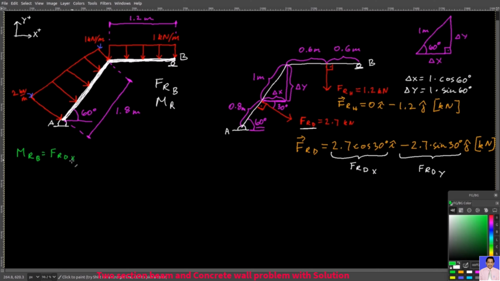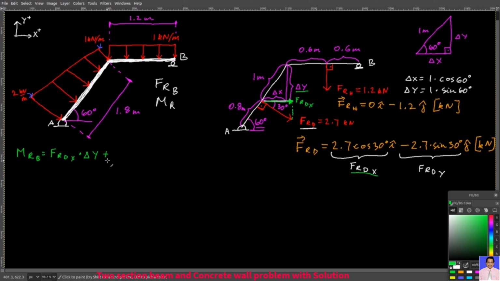You have FRDX, which is this component here. So we can draw it here as well. That's your FRDX. And you multiply that by delta y, by this one, because that's your moment arm between FRDX and point B. And it will give you a counterclockwise moment.